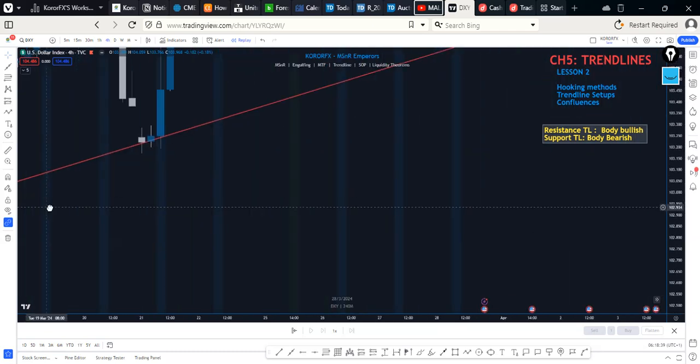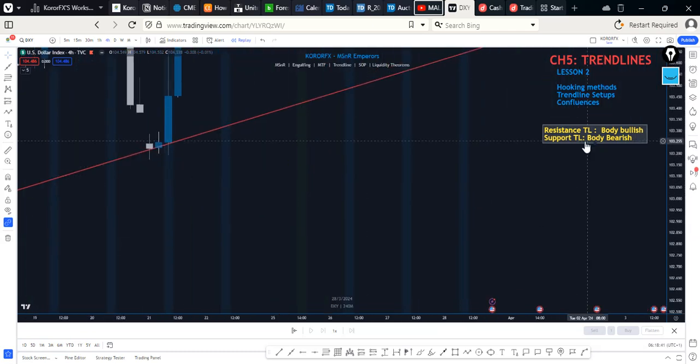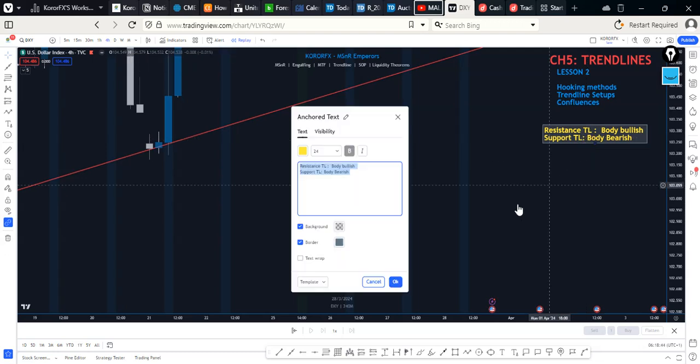The other important thing that I want to teach you is about the confluences of the trend line. It means we focus on the first point. Almost every time we must get point A, let us call it point 1. What is point 1?